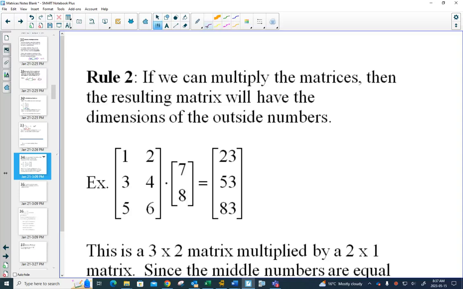For example, this one again is our 3 by 2 multiplied by our 2 by 1. Our middle numbers match, and the answer is a 3 by 1 based on those outside numbers. So at least you can set things up so that you know how many answers you have to get.